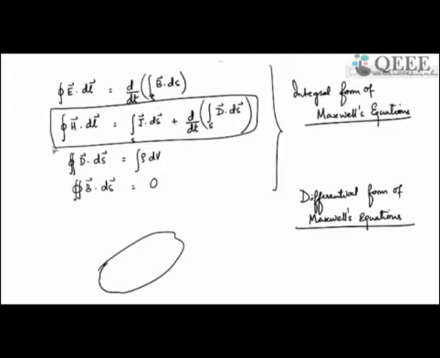Now if I were to apply this on this surface, the right sides are open surfaces, whereas the left side is a closed loop integral. As such, if I just have a big potato, I cannot apply Ampere's law directly. I need to figure out how to apply it for a closed surface. The right side of Ampere's law is actually an open surface, and the loop integral is a closed loop.